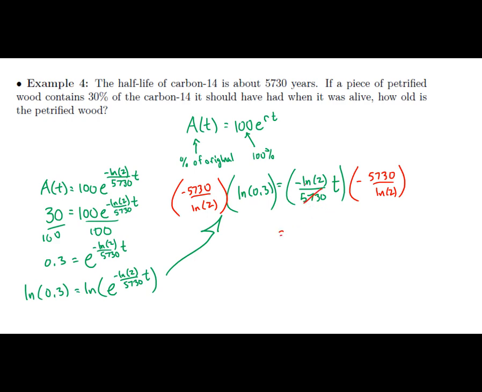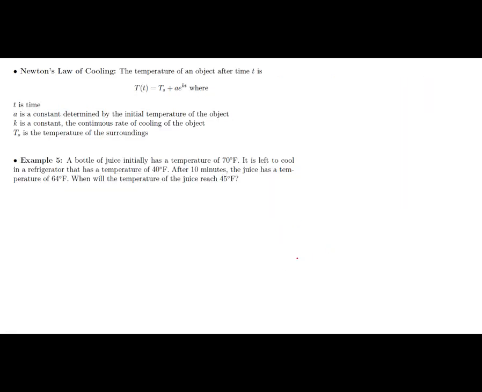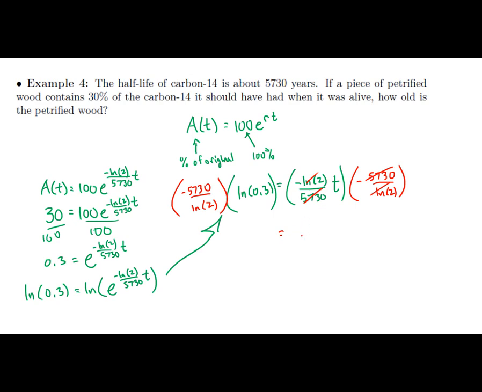So of course everything cancels out here and we end up with t on the right. And here we kind of have a mess, but it's a mess that we're just going to end up putting in our calculators anyway. And if at first things seem a little funny because you have this negative here, the thing to remember is the natural log of a number that's smaller than 1 is going to be negative also.